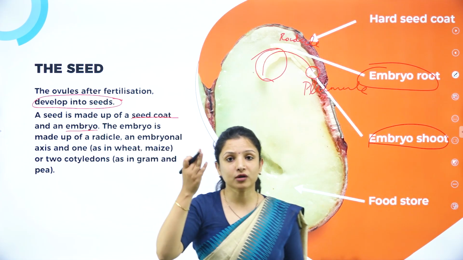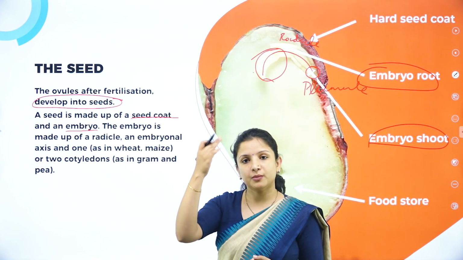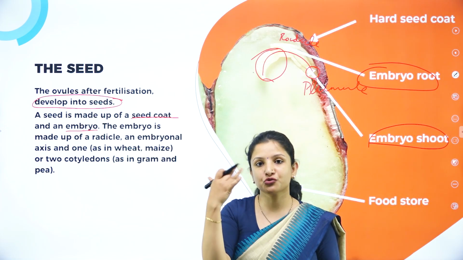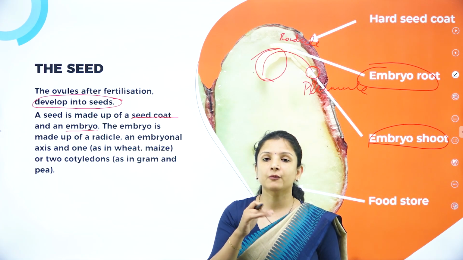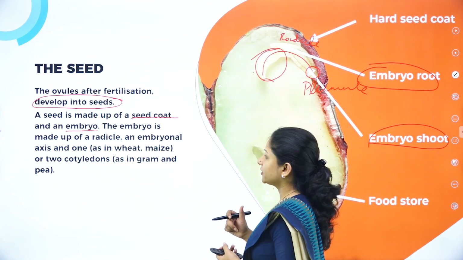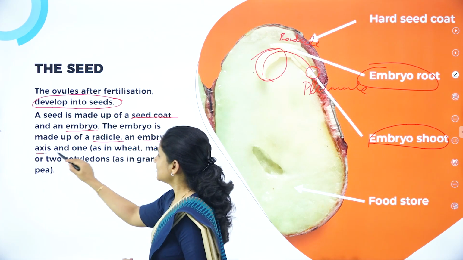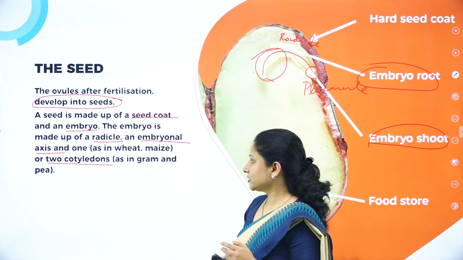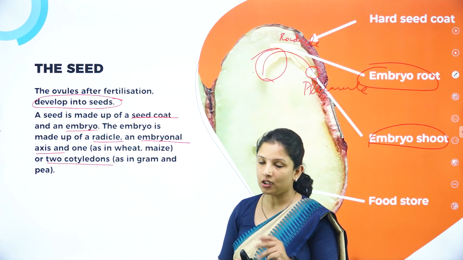So in the embryonal axis of the seed, the upper portion has the plumule, from which the shoot will arise, and the lower portion has the radicle, from where the root will arise. The embryo is made up of the radicle and plumule, and also it has two cotyledons, if it is a dicot. If it is a monocot, it has a single cotyledon.